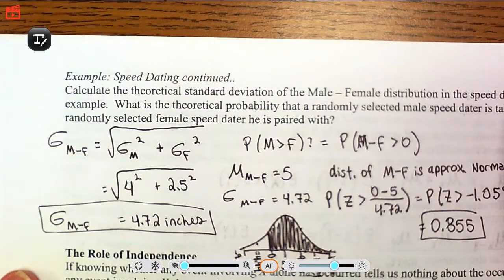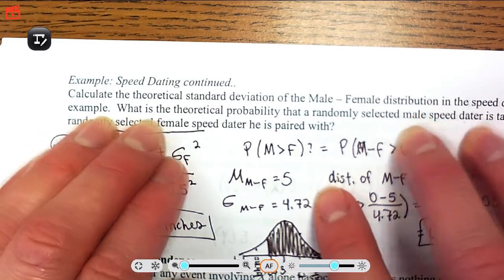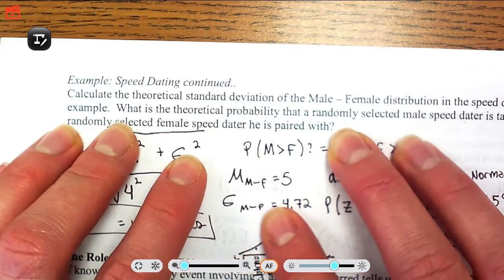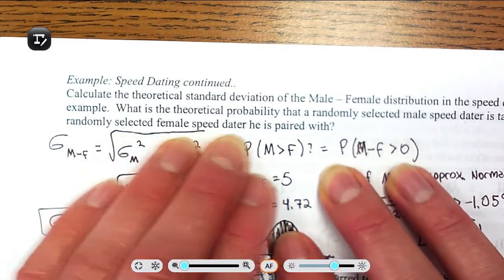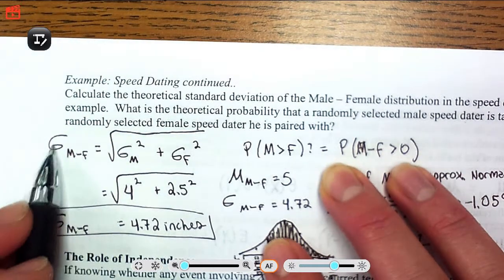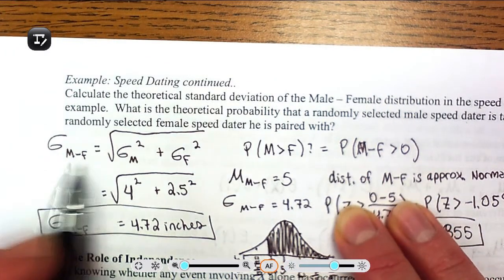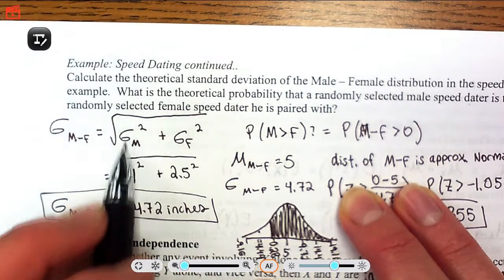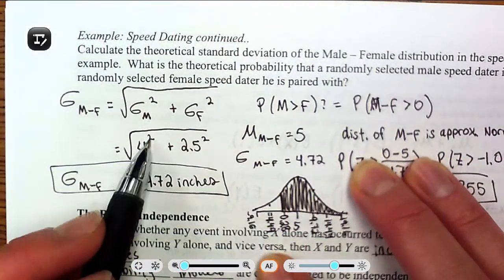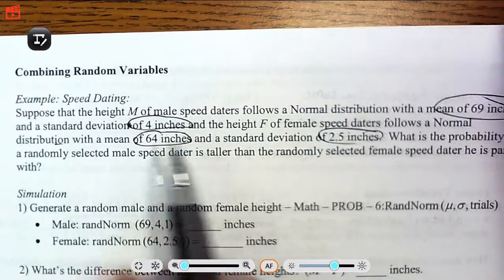Okay, calculate the theoretical standard deviation for the male minus female distribution in the speed dating example. What is the theoretical probability that a randomly selected male speed dater is taller than the randomly selected female speed dater he is paired with? So sigma M minus F is equal to sigma M squared plus sigma F squared, square rooted. So we're going to say 4 squared plus 2.5 squared, using those numbers from the page before.